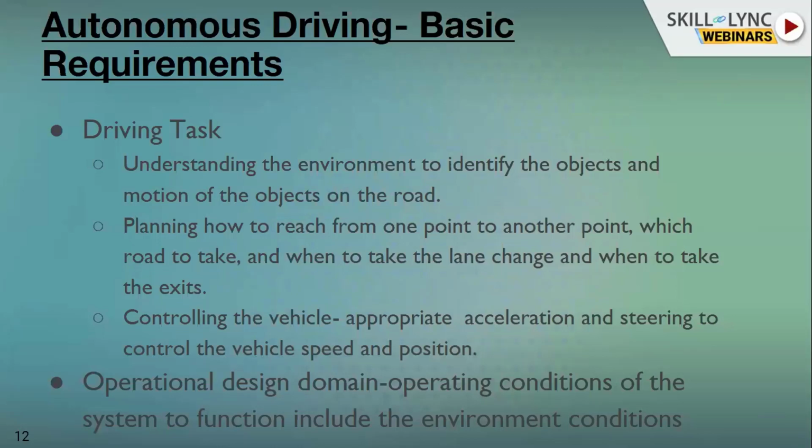If the current lane is occupied by other road users and we want to go to another lane, how to change it comes under planning. Controlling the vehicle means we need to give commands to the actuator with the appropriate acceleration and steering angle, how much acceleration and how much steering angle is required to maintain the planned trajectory.